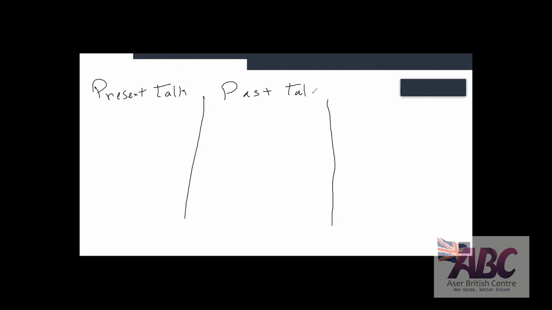So pay attention to the usage itself. If you are using any language, not only English, you have 3 cases. You need to talk in the present, so present talk. In some cases, you need past talk. And then, of course, future talk.